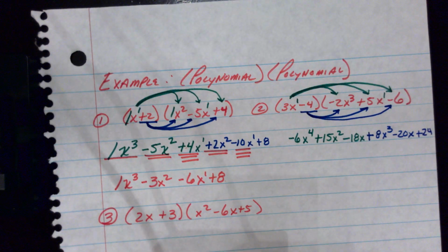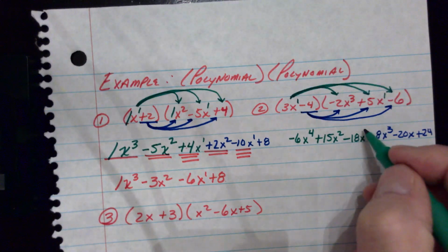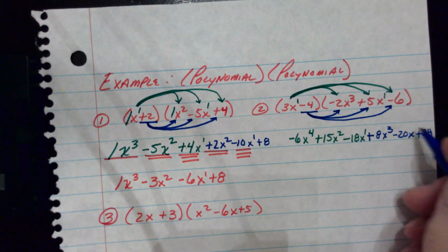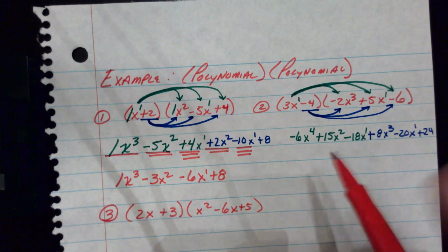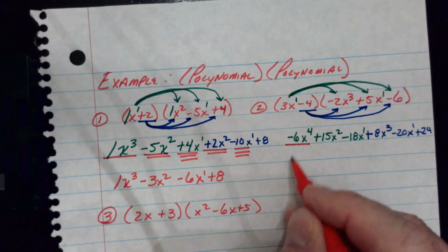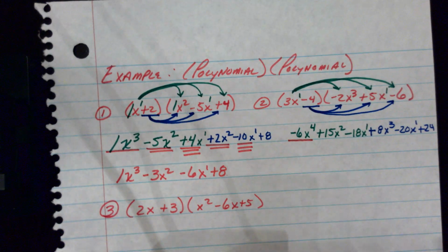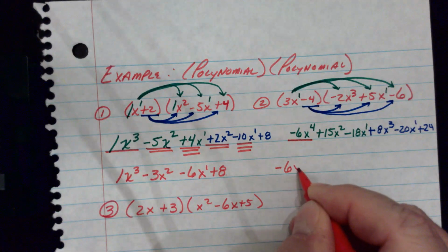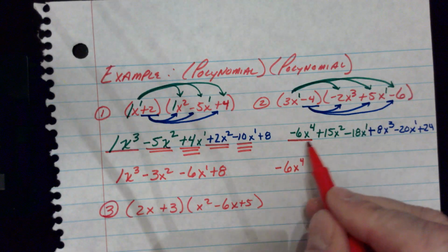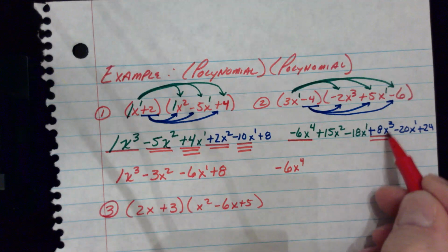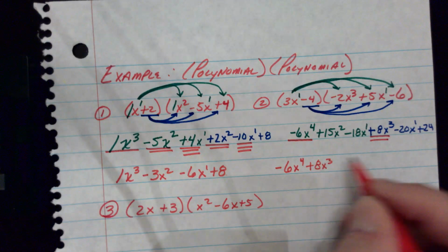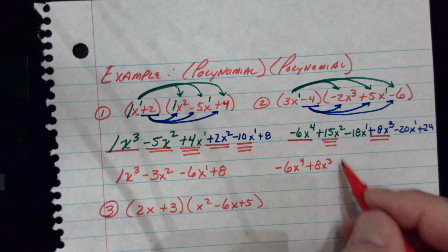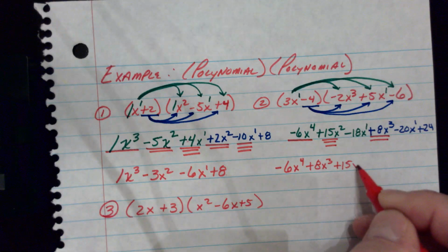Similarly here, we will look at the exponents. We have several powers of x. We'll scan through there and find the highest power of x. And generally speaking, it sits out in front. Not always, but most of the time. Negative 6x to the fourth. There is one term that has x cubed. There is one term that has x squared.